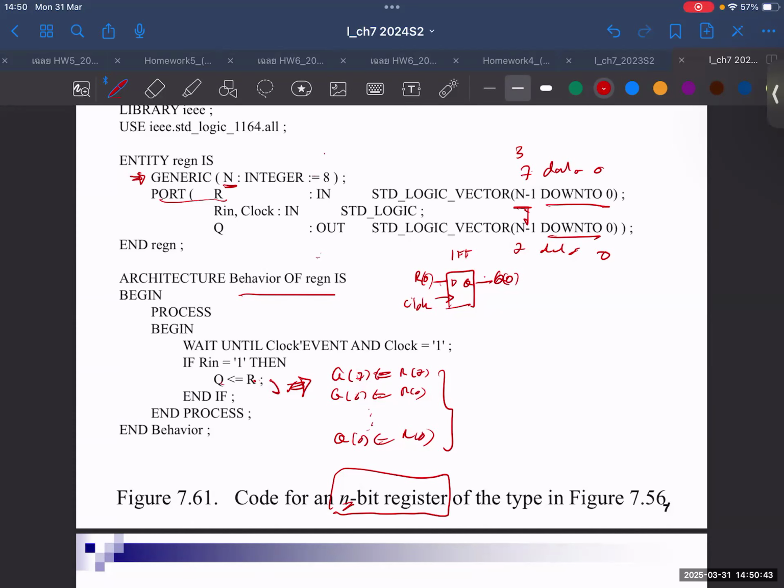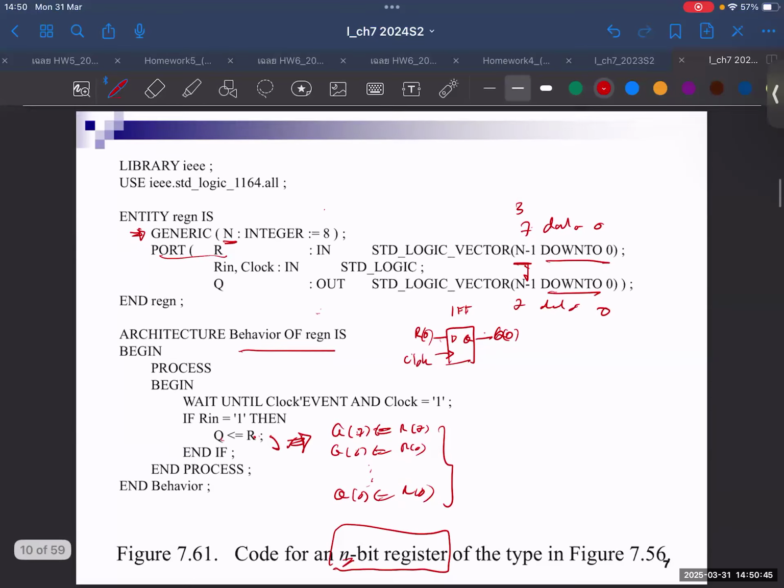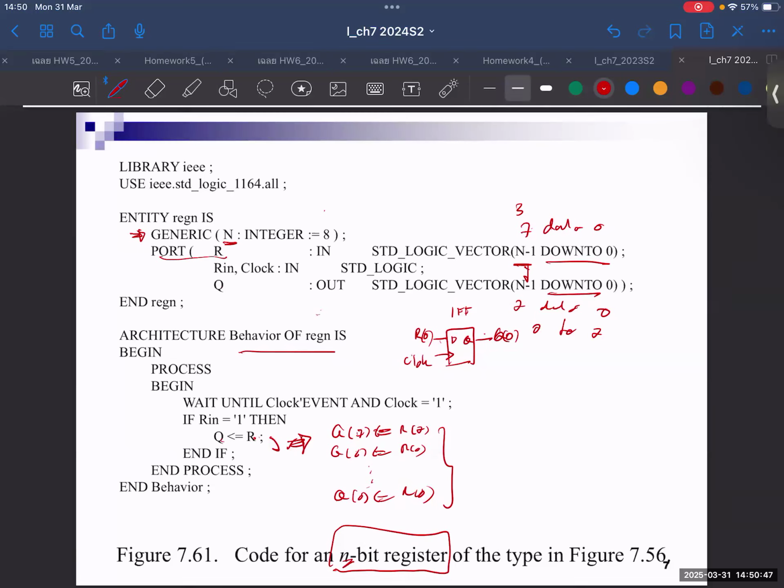But what happens if you declare Q from 0 to 7? It's going to give you errors. It says type mismatch, because one counts from 7 to 0. When you write this, it means that R7 is the MSB and 0 is the LSB, right?